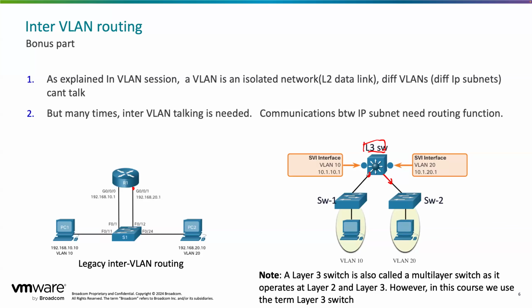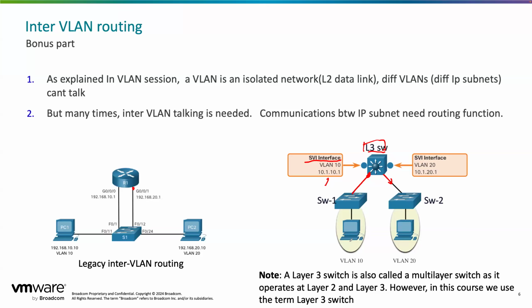Here we have a special name for this interface because we don't have a physical or real link. This link is a layer 2 representation. So from the layer 3 perspective, there's a virtual interface called SVI. This interface just represents VLAN 10.